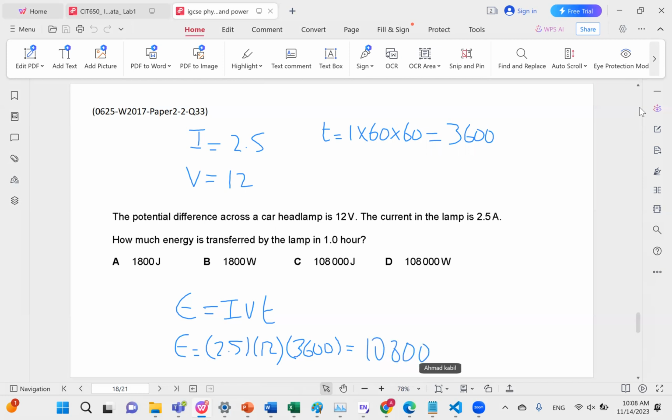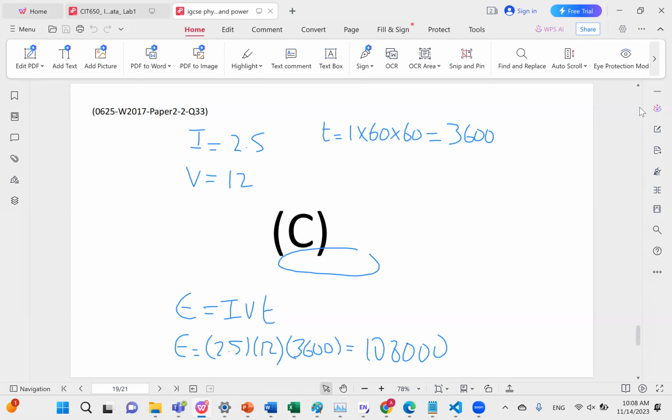So the correct choice here would be choice C. Of course, it's joules, not watts, because we're measuring energy. Power is measured in watts, joules measures energy. So the correct choice here is choice C.